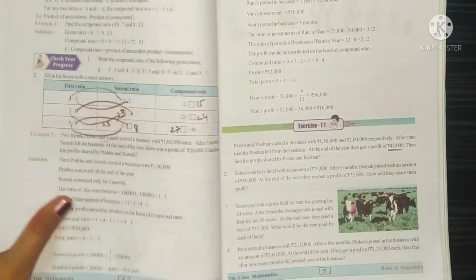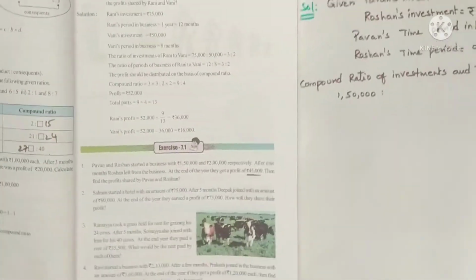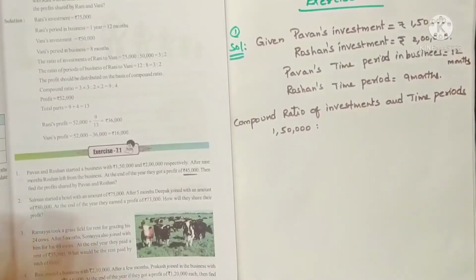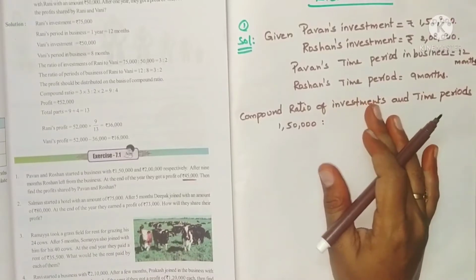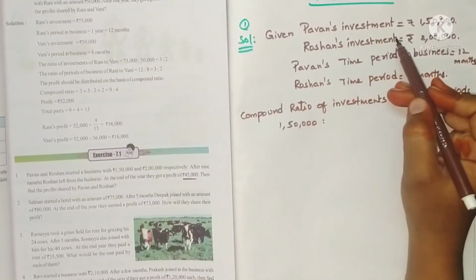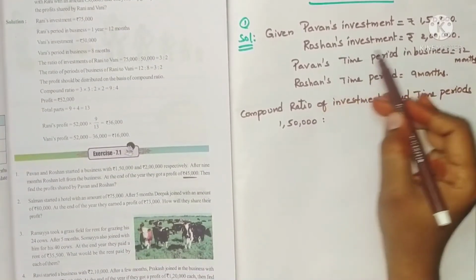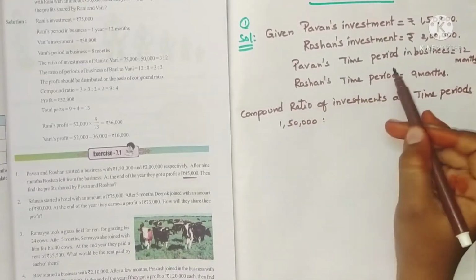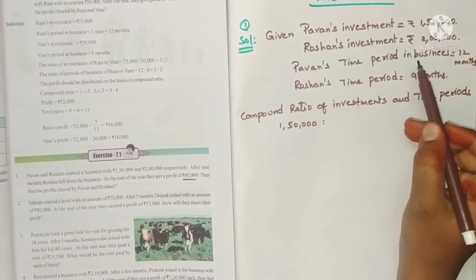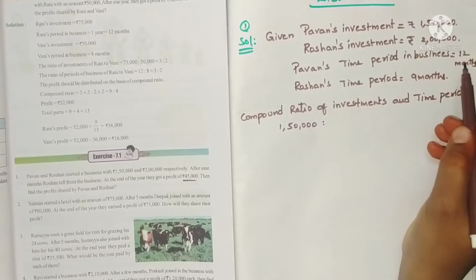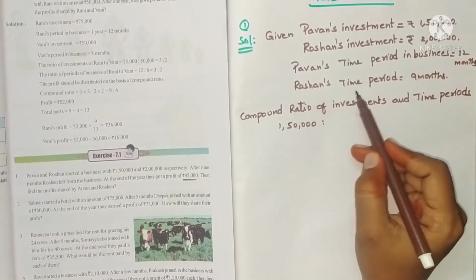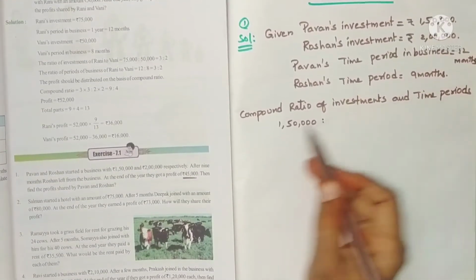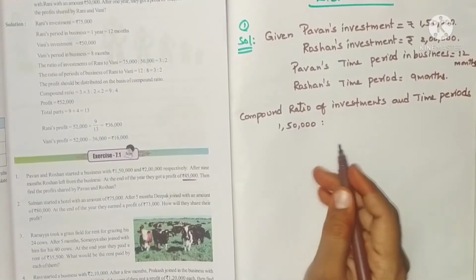Okay, so here just by reading the problem, you should be able to write these steps. Given Pawan's investment, this, Roshan's investment, this, Pawan's time period in business, 12 months, and Roshan's time period, 9 months. Now simply take the compound ratio.